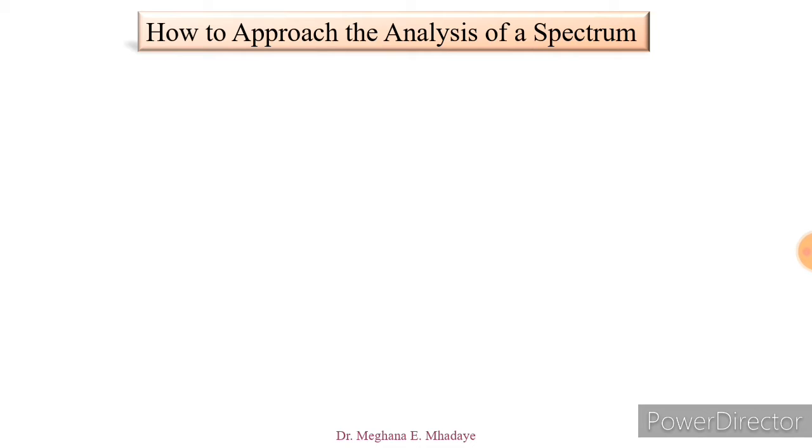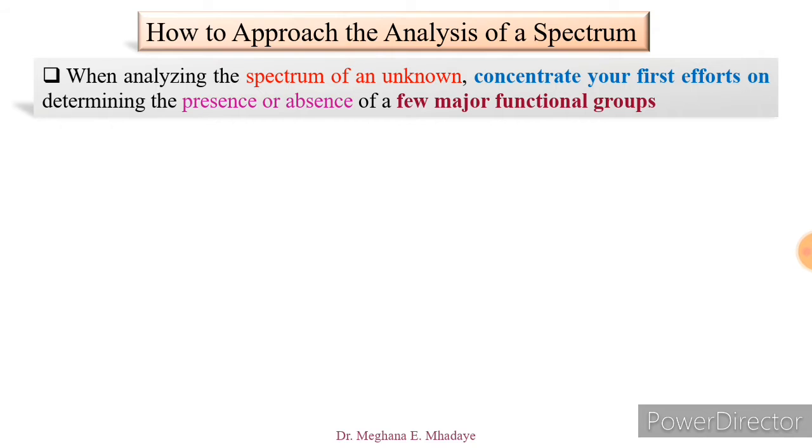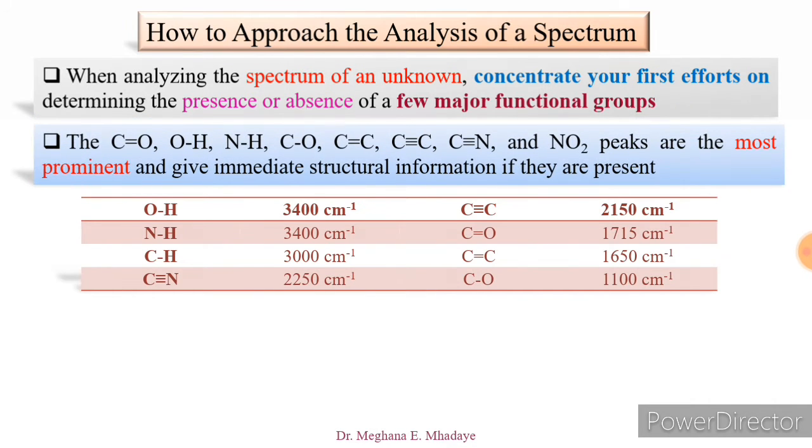Now we are understanding how to approach the analysis of a spectrum. When analyzing the spectrum of an unknown, concentrate your first efforts on determining the presence or absence of a few major functional groups. The C double bond O, OH, NH, CO, C double bond C, C triple bond C, C triple bond N and NO2 peaks are the most prominent and give immediate structural information if they are present.